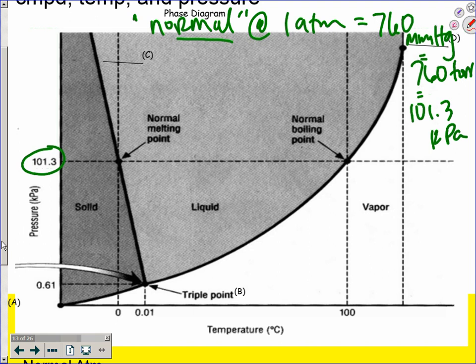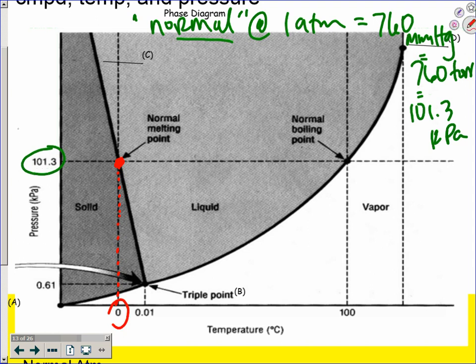That's this part of the graph versus this part of the graph. So it traverses those two pieces of the graph at this point. You read it by dropping your intercept down, and you'll note that the temperature at which this substance melts is 0 degrees Celsius.